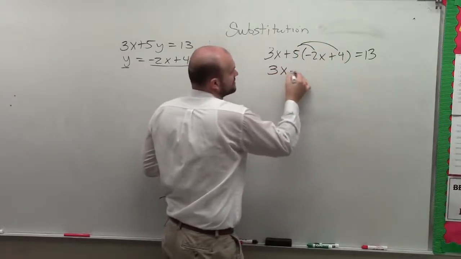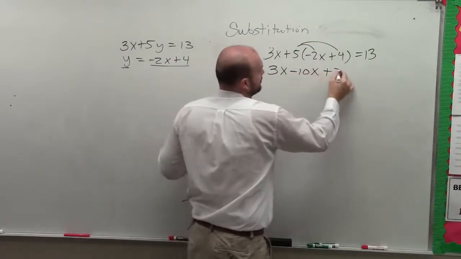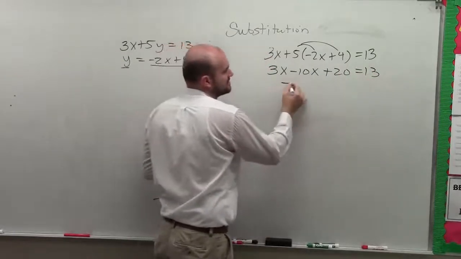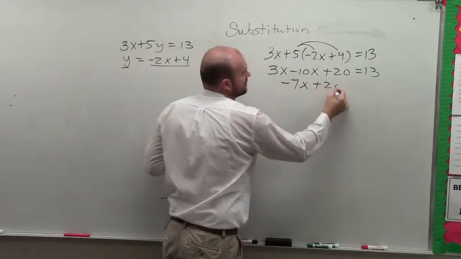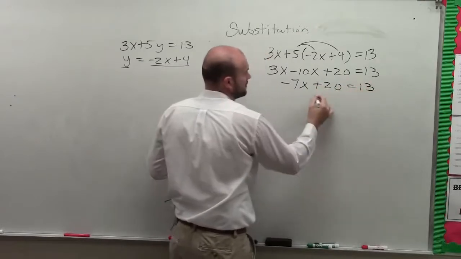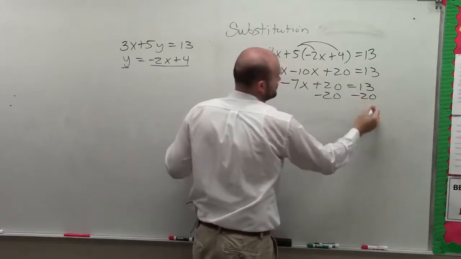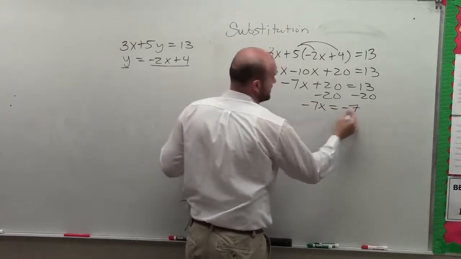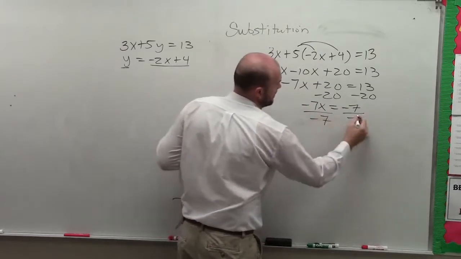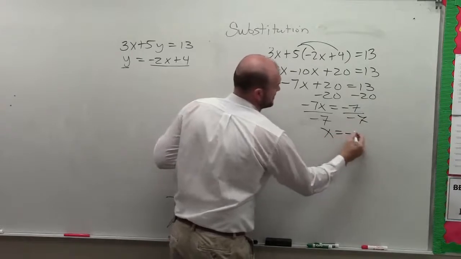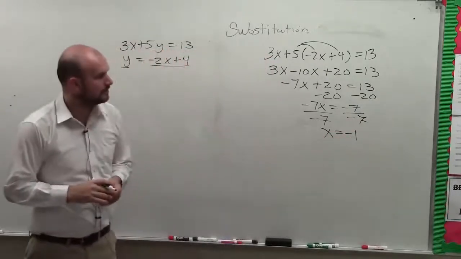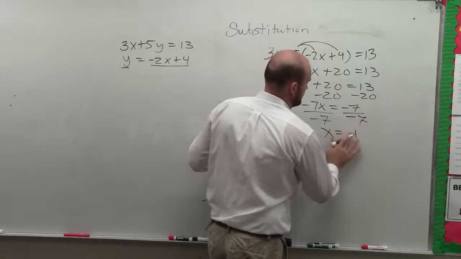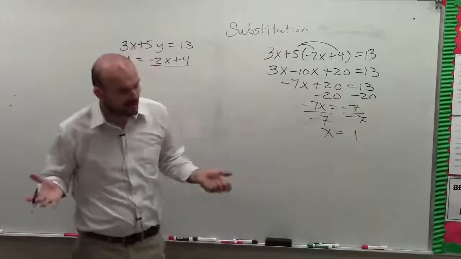So I have 3x minus 10x plus 20 equals 13. 3x minus 10x is -7x plus 20 equals 13. Subtract 20, subtract 20. -7x equals -7. Divide by -7, divide by -7. x equals positive 1, because -7 divided by -7 is positive 1.